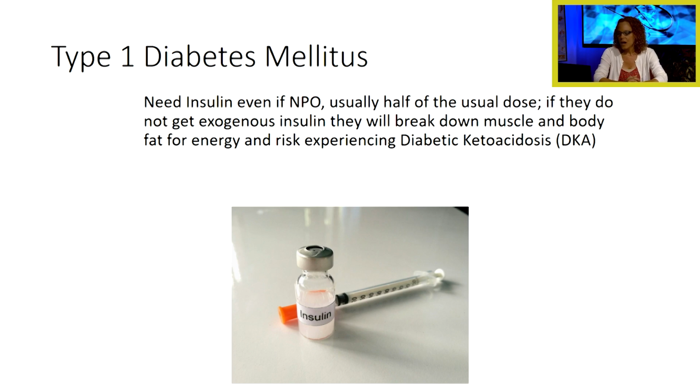If they do not get exogenous insulin, they will break down muscle and body fat for energy and risk developing diabetic ketoacidosis. We are not going to talk about DKA today, but it really is important for you to understand that a type 1 diabetic must have a source of insulin, even when they are not eating. It's usually about half the regular dose.